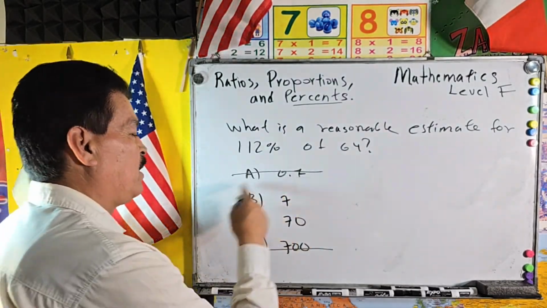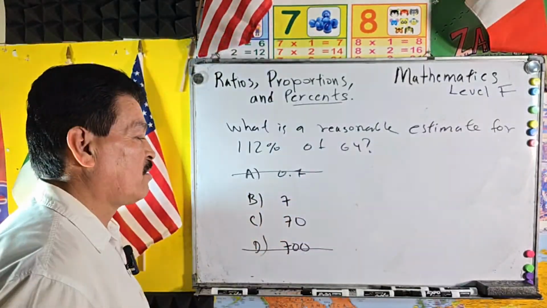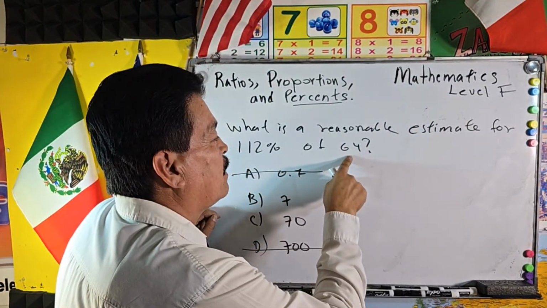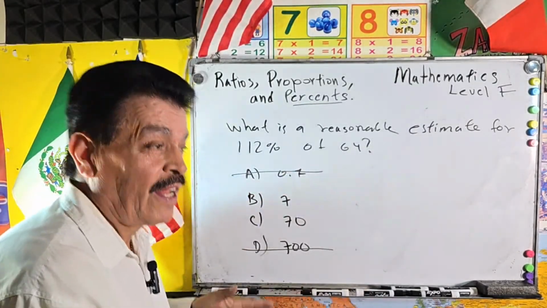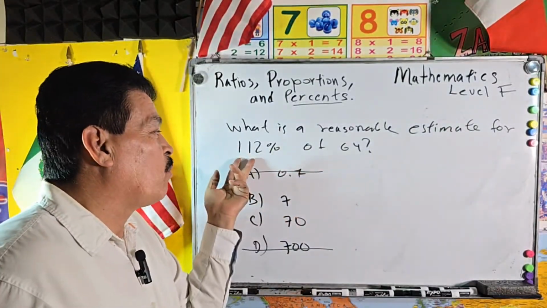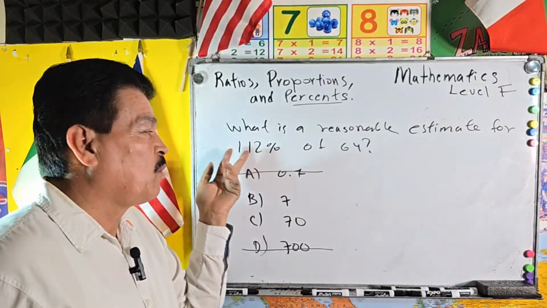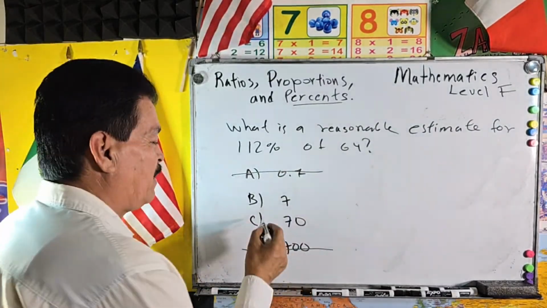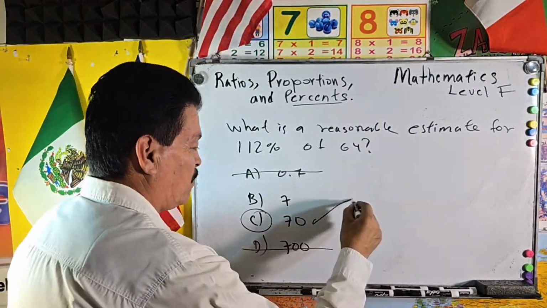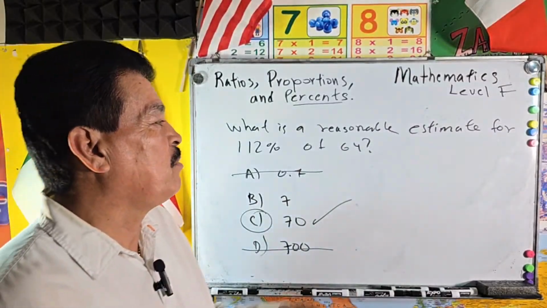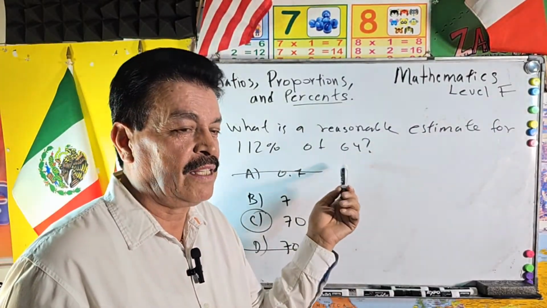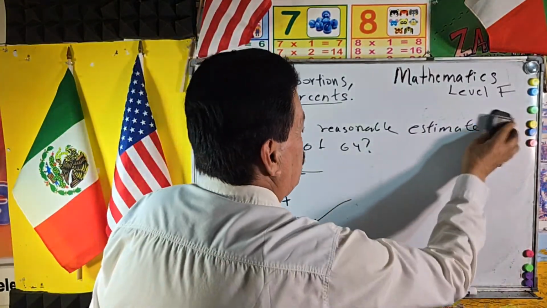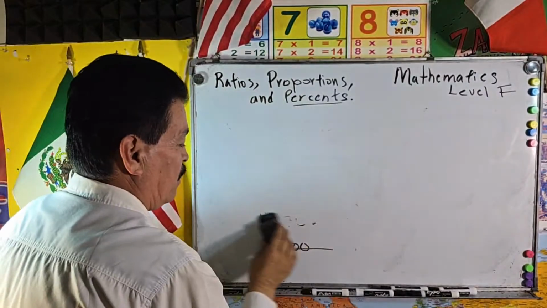So the answer is between these, B or C. So look at 100% of this number, 64 is 64. 100% is 64, but it's 112%. 112% is 70, right? So this is the right answer. It's a little bit more than 64, a little bit more, right? Okay, that's the way you need to analyze this kind of problem.